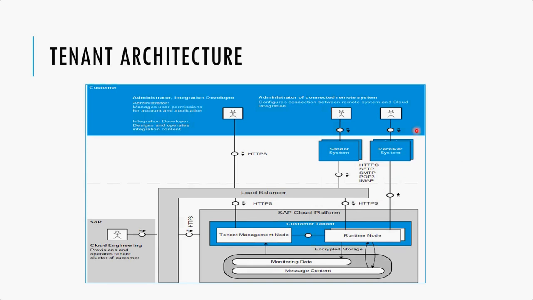So we can give them a system account which has just one permission, one role, which is required to send and receive messages to the tenant. They do not have access to any cockpit or integration flow designer or anything. They would be able to access only the sending and receiving of messages from our system.